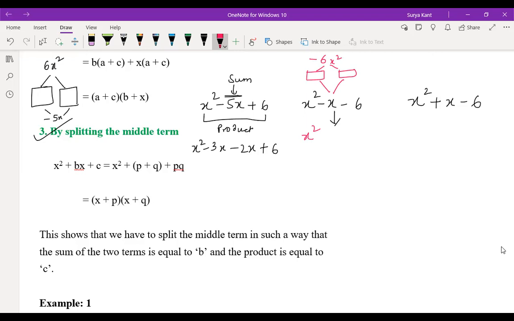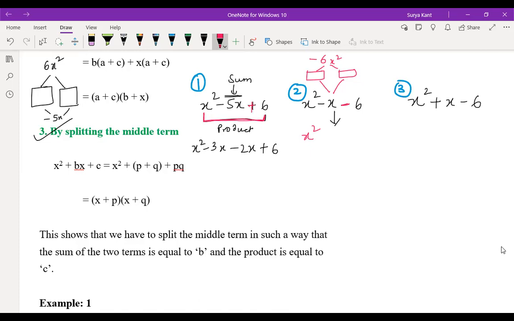Which example are you saying? Sir, the second one. Where is your doubt? How did minus 6x square and 6x square come, sir? See, if you multiply first and last, Saicharan, see 6 and x square, what do you get? Okay, now I understand. And here it is minus, so that is minus 6x square. Yeah, sir.